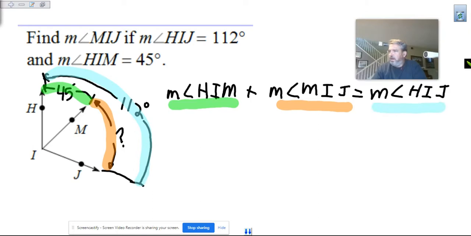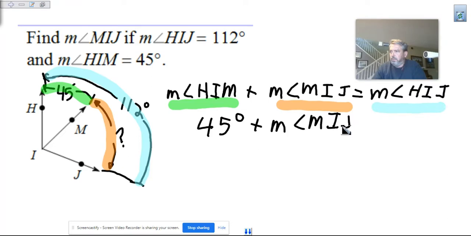Okay. Now I'm going to substitute in the values they gave me. Okay. This one was 45 degrees. This one we don't know. And this one's 112 degrees.